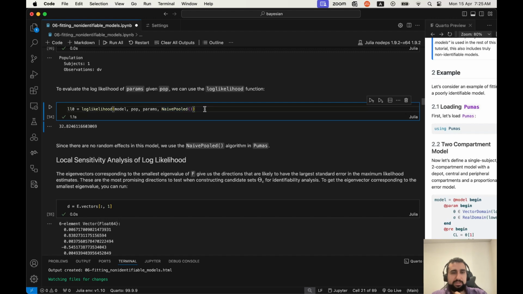Now, because this is a single subject model with no random effects, I'm going to use this NaivePooled struct here, and these four arguments together, when you pass them to log likelihood, will give you the log likelihood of the parameter values given your data and your model using whatever algorithm you chose here. In this case, the log likelihood is shown below. And I'm going to call this LL0, which is the log likelihood of parameters theta 0.